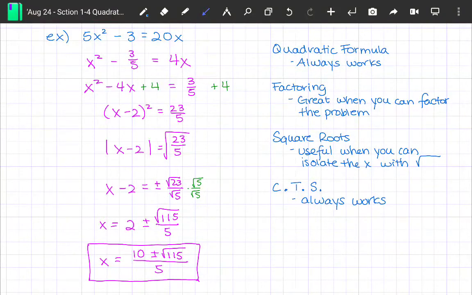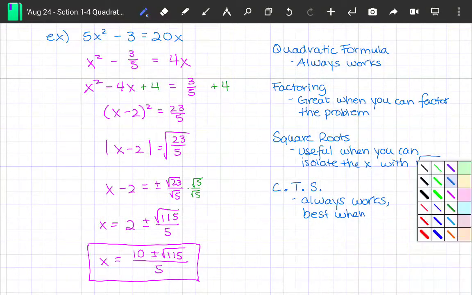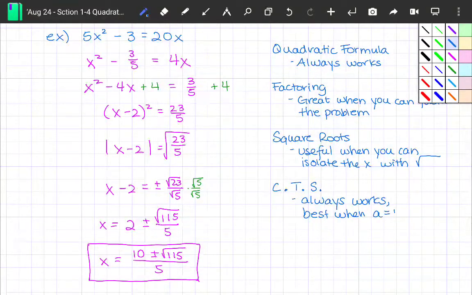So completing the square always works, but it's best when a equals 1 and b is even. I'm going to do one more completing the square problem where a is 1 and b is even, and I want to show you how easy it is when both those conditions are met.